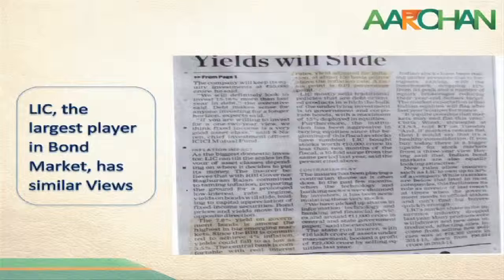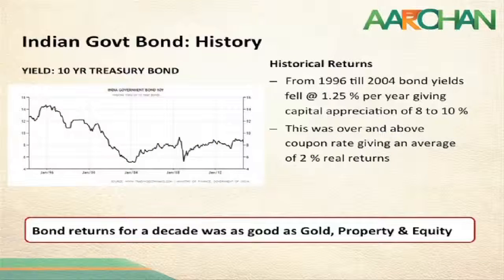And in the next slide, if it looks too good to be true, please note that between 1996 and about 2004, bond yields fell by about 1.25% per year, giving a capital appreciation of about 8 to 10% for the entire period of 1996 to 2004.